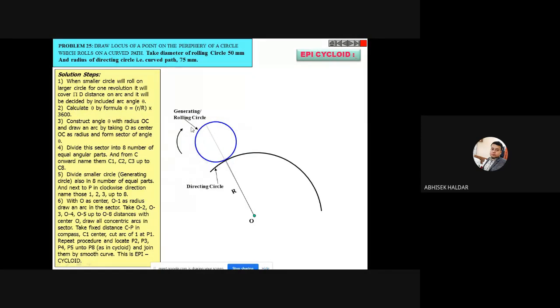So this placement of the rolling circle, is it clear to all of you? Yes, sir. Okay, thank you. Once you have drawn this rolling circle, it is rolling clockwise for one full revolution, and I have to trace. First, the center point you can name as C. Now you have to divide this circle into 8 equal parts, like in the cycloid.